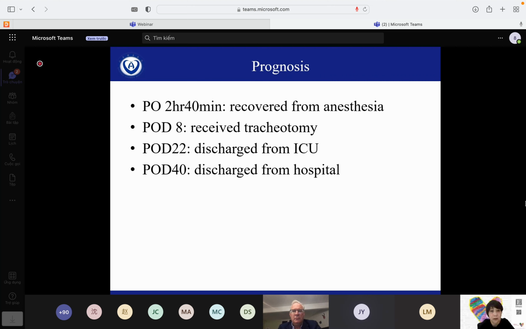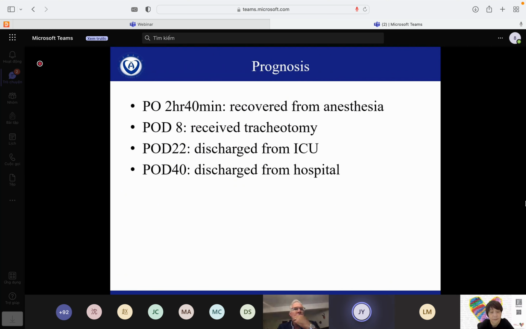The patient recovered from anesthesia 2 hours and 40 minutes after the surgery.